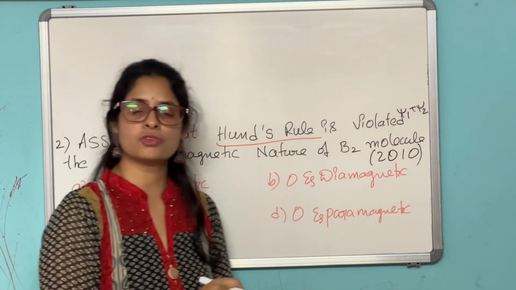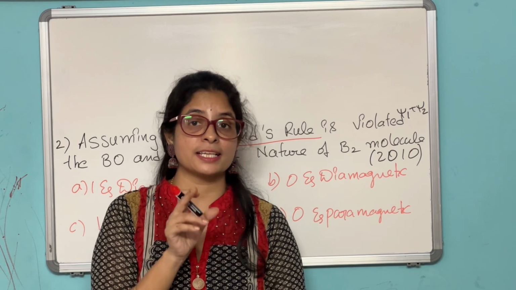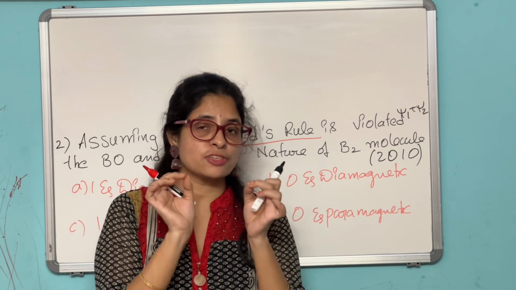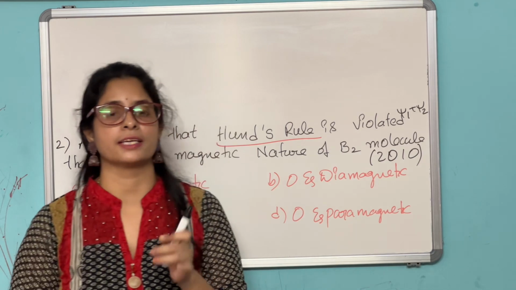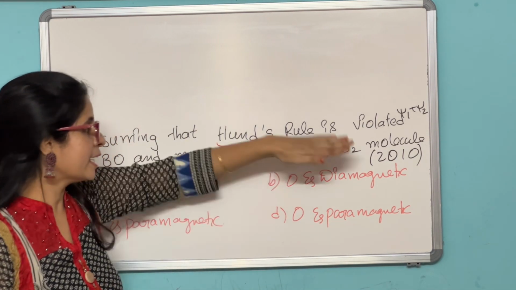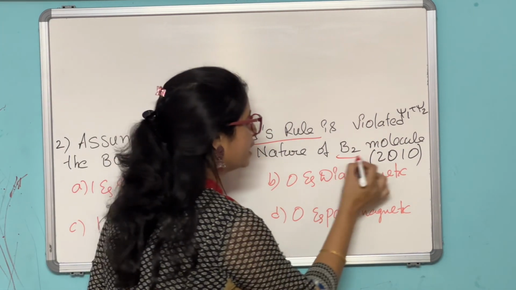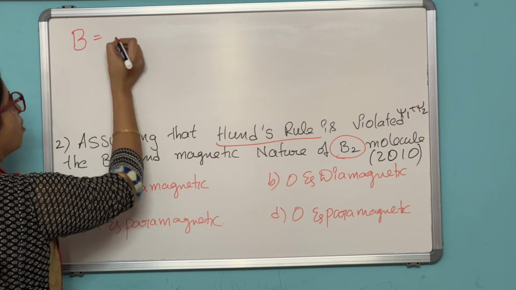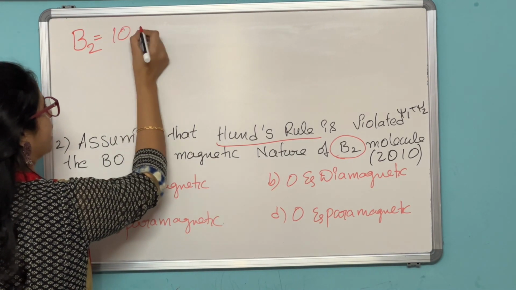What is Hund's rule? Pairing up of electrons in degenerate orbitals takes place only after each orbital gets one electron. That is Hund's rule, and now he is asking us to violate it. He has given the B2 molecule. Boron has atomic number Z equal to 5, so B2 has 2 into 5, 10 electrons.